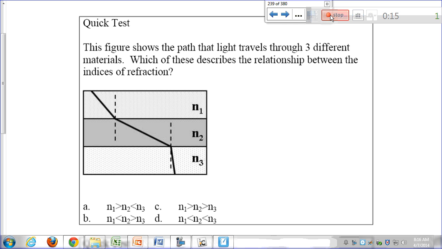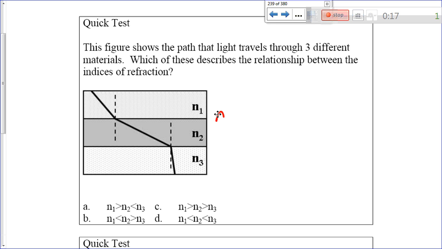You want to find the relationship between N1 and N2, and then N2 and N3, and then if necessary, the relationship between N1 and N3. How are those related to one another? Are they bigger or smaller? No, it doesn't matter.